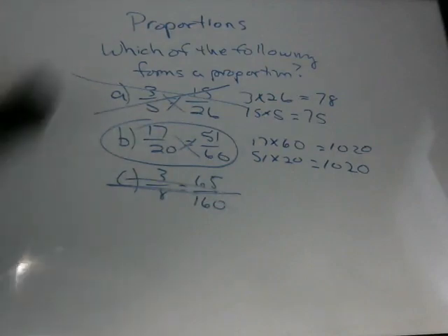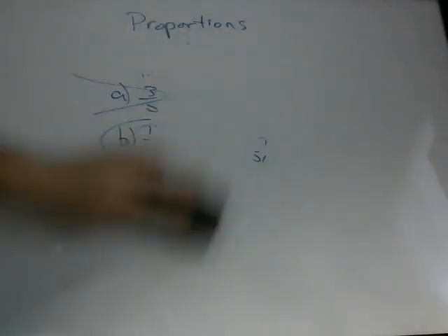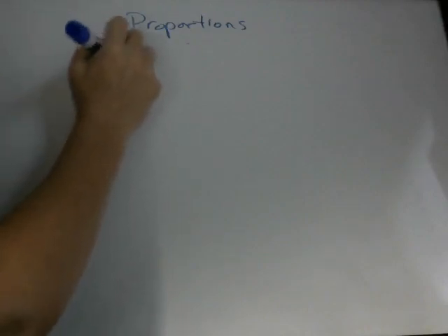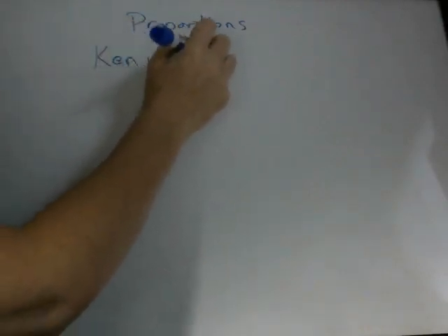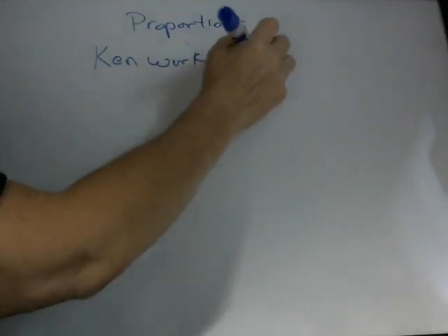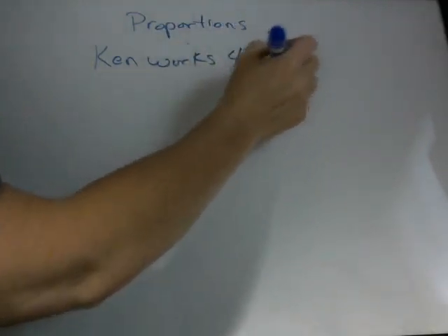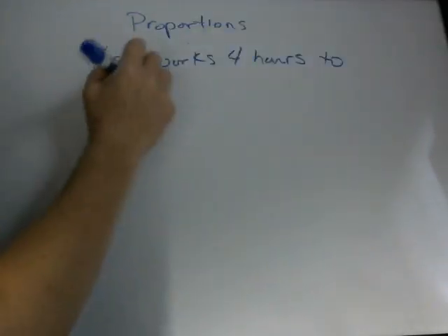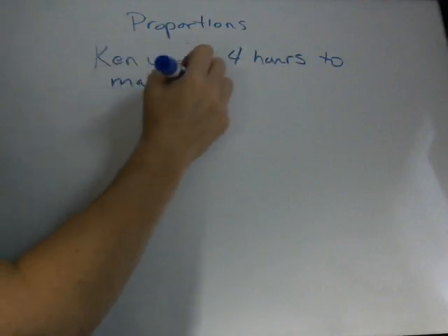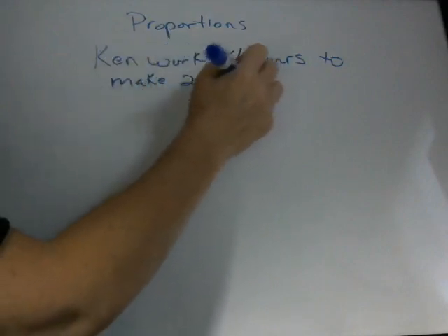The next type of problem you're going to see regarding proportions generally has to do with rate of work. So for example, you might see: Ken works 4 hours to make 20 widgets.